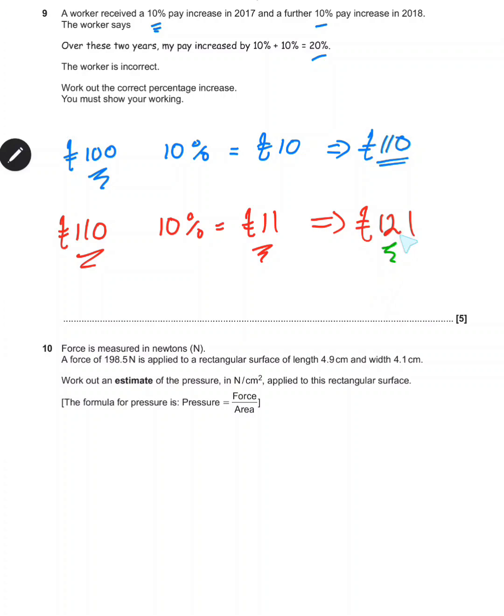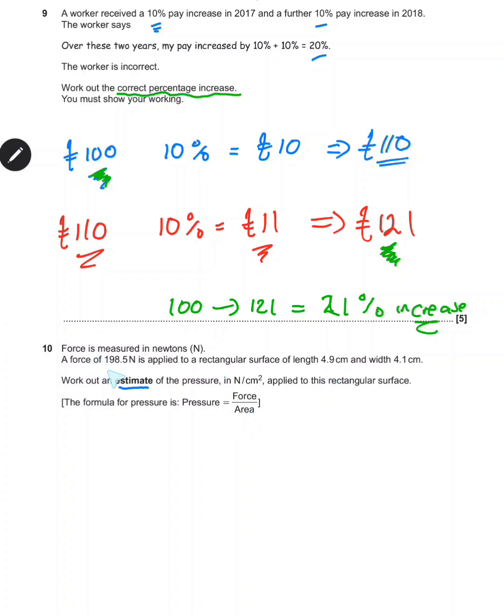So we should finish at 120, and instead we finish at 121. It does say what's the correct percentage increase. Because we chose £100 and we finished at 121, we've gone from 100 to 121, which is a 21% increase.